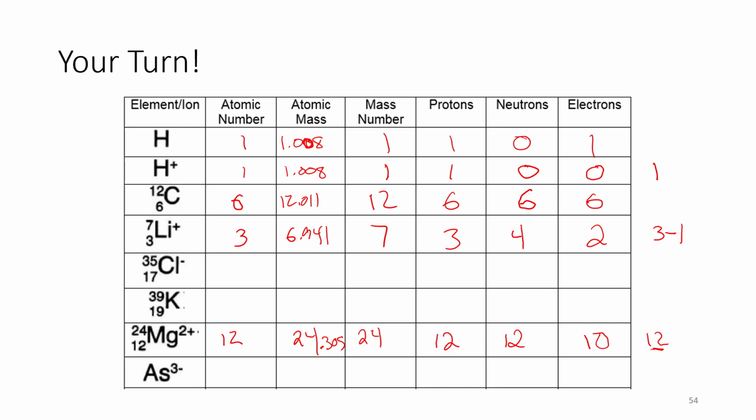This next one, chlorine. Chlorine has 17 atomic number. The atomic mass from the periodic table is 35.453. The mass number is this top number here, 35. How many protons? Well, the atomic number is 17, so we have 17 protons. How many neutrons? We do 35 minus 17, and that gives us 18.